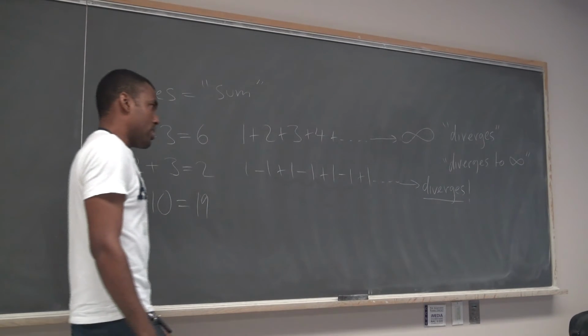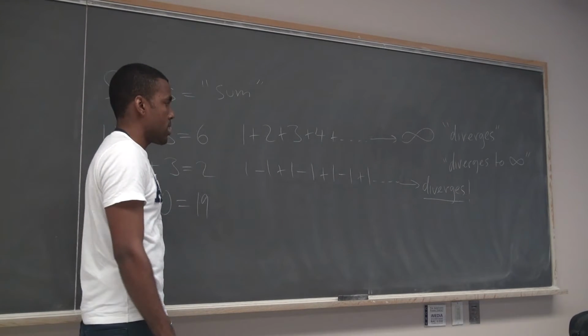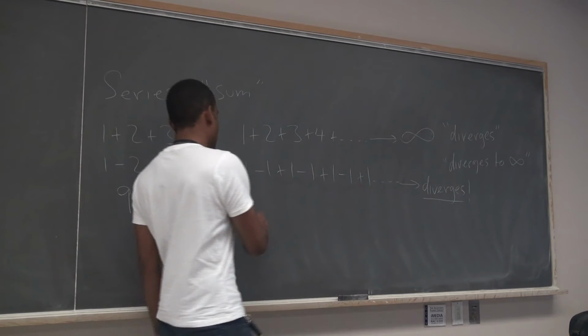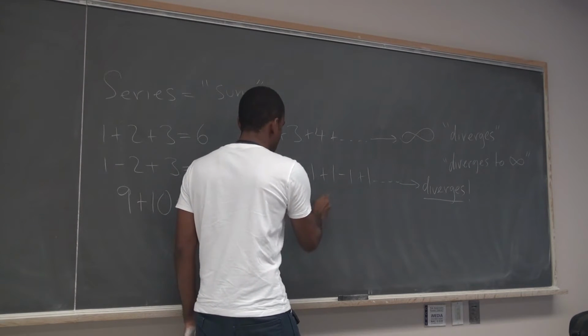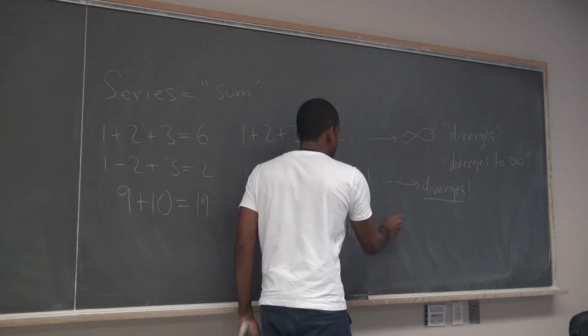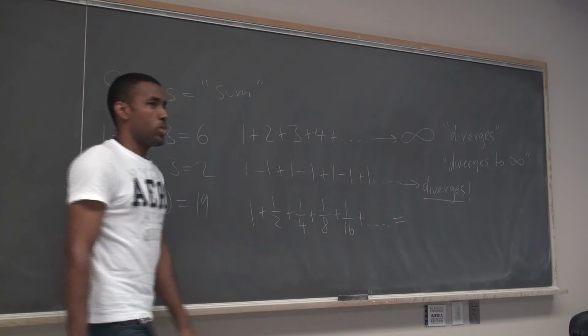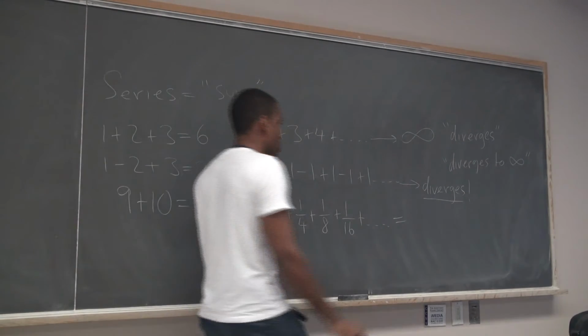Now some of you might be thinking, wouldn't that always happen? Turns out the answer is no. For example, 1 plus a half plus a quarter plus an eighth plus a 16th. Anyone know what that adds up to? 2. It adds up to 2.